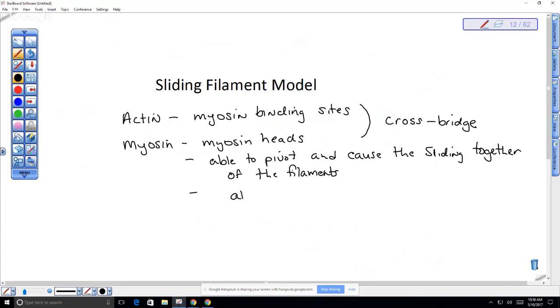This allows the sarcomere to shorten and the muscle to contract. Okay.